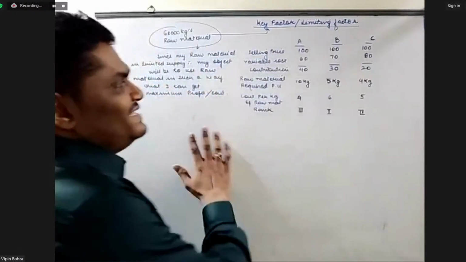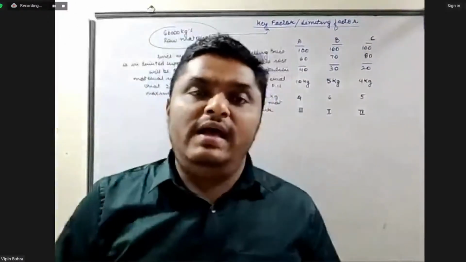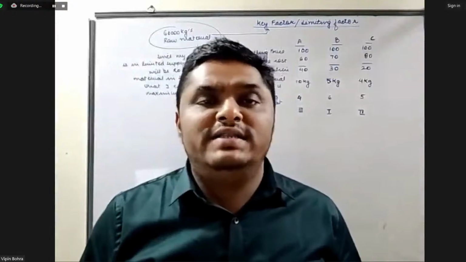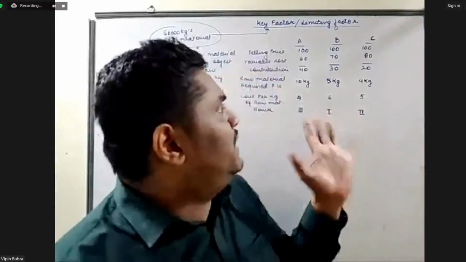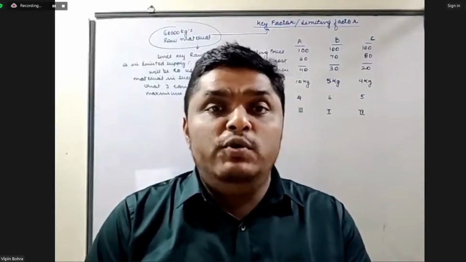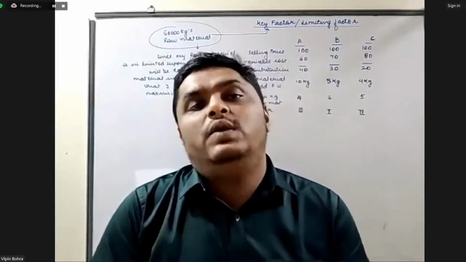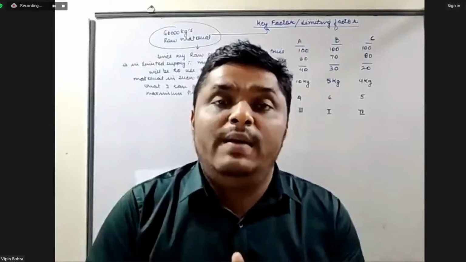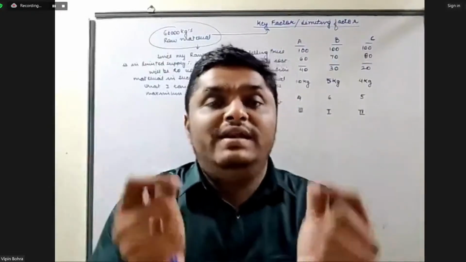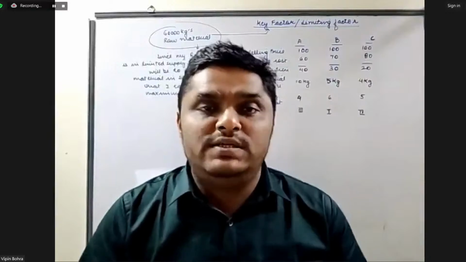So we can say if there is unlimited demand of all the products, then we will prefer to manufacture only product B, because we are getting the maximum contribution per kg of raw material, because our raw material is available in very limited quantity. So our motive is to utilize every kg of raw material so that we can earn the maximum profit.